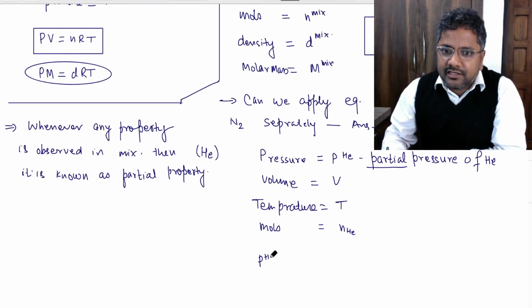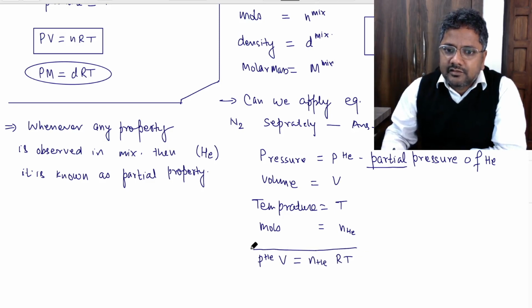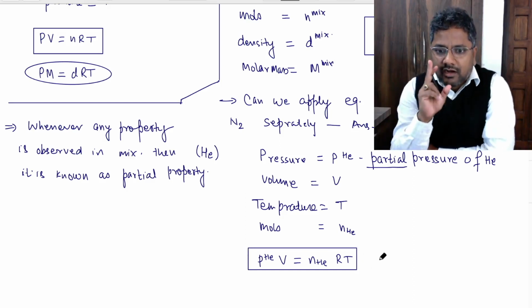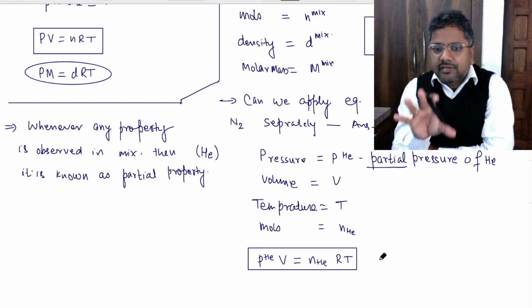So what is the equation of state for this? Pressure of helium times V is equal to moles of helium times RT. This is the equation of state on a single gas in the mixture.